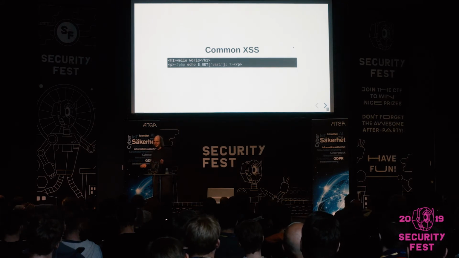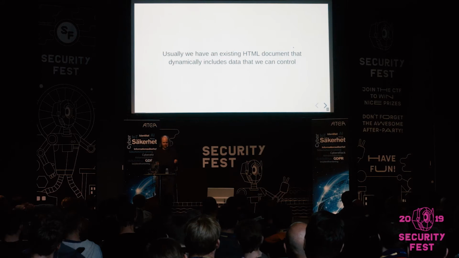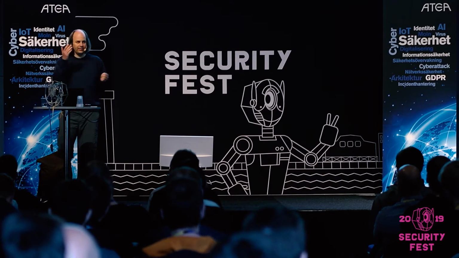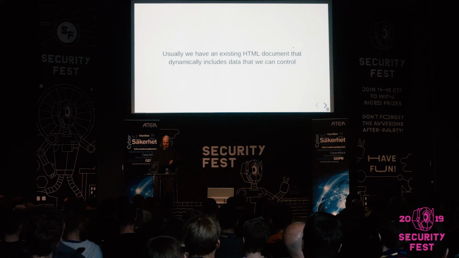This is attacker controlled. That's basically the textbook example of reflected cross-site scripting. So that is the common cross-site scripting, where we have an HTML document, and there's some data in it that's dynamically included that the attacker can control.